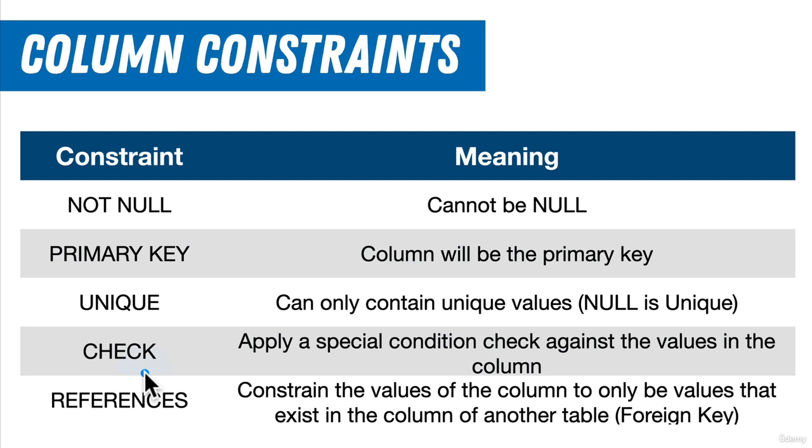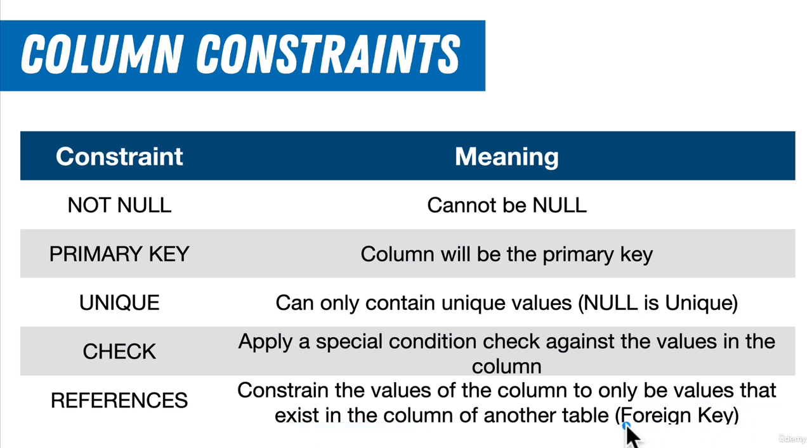And then last but not least, the constraint references. What does references do? What does it mean? Well, we've talked about primary keys and we've talked about unique, but where are foreign keys at? Well, that's what references is for. References constrains the values of a column to only be the values that exist in a column in another table.